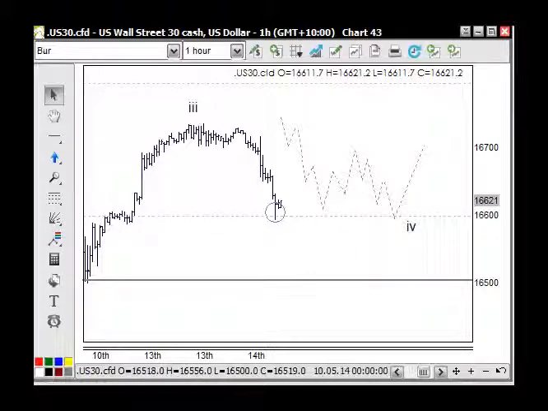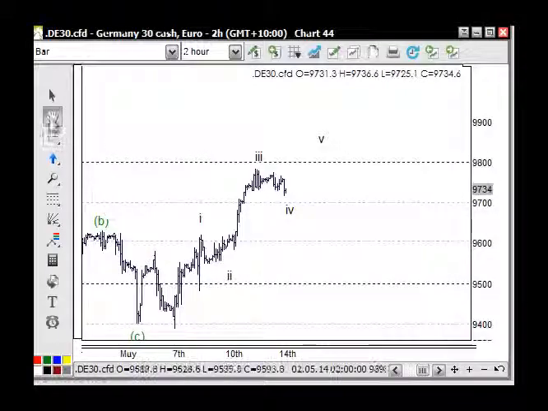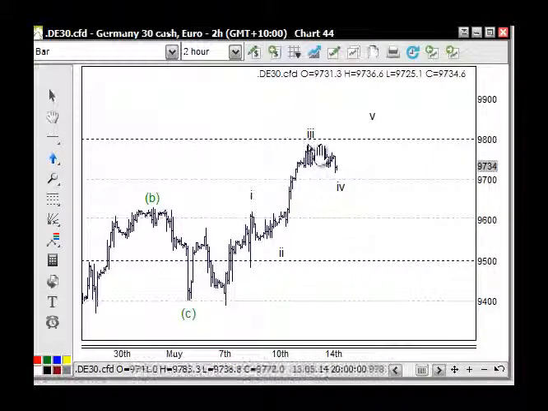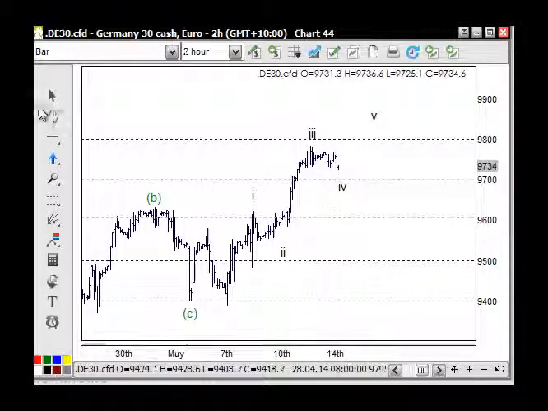The DAX held up better in terms of the little pullback we were looking for. But while the DJ and S&P are only in their first leg, we'd better prepare ourselves for a more complicated wave 4 correction, something a bit more messy.